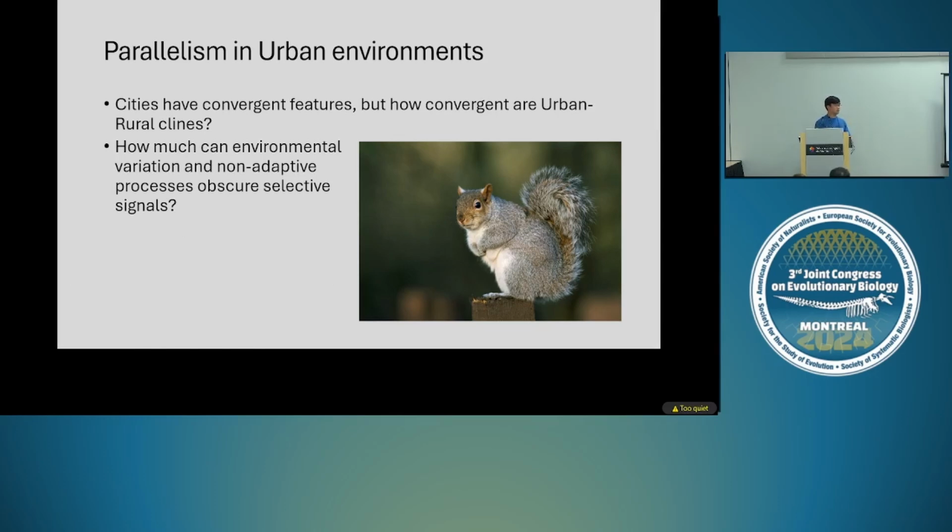As we know, any kind of environmental variation can lead to very different adaptive landscapes in the species that we're studying. And there's also always the effect of other processes like genetic drift, founder effect, or gene flow that can affect urban evolution in general.